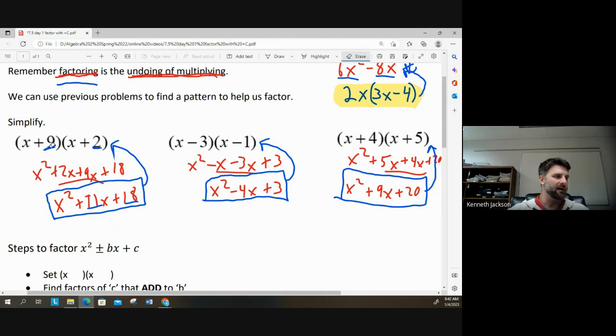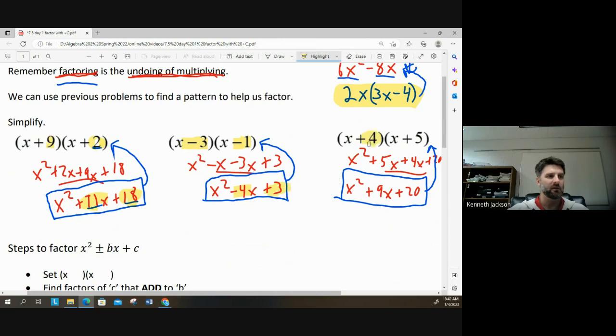So 9 plus 2 is 11, and 9 times 2 is 18. And that pattern will hold true here. If we look, negative 3 minus 1 is negative 4. Negative 3 times negative 1 is positive 3.